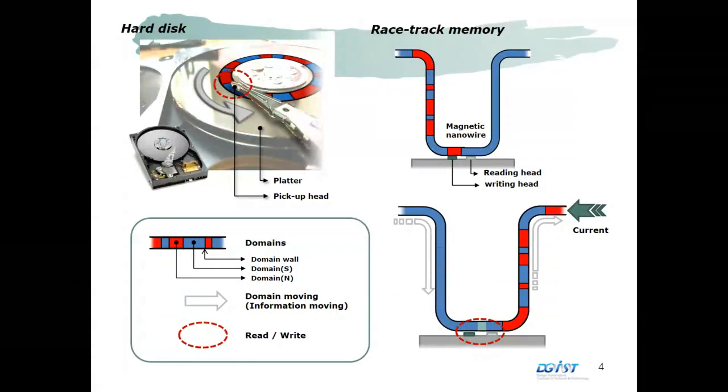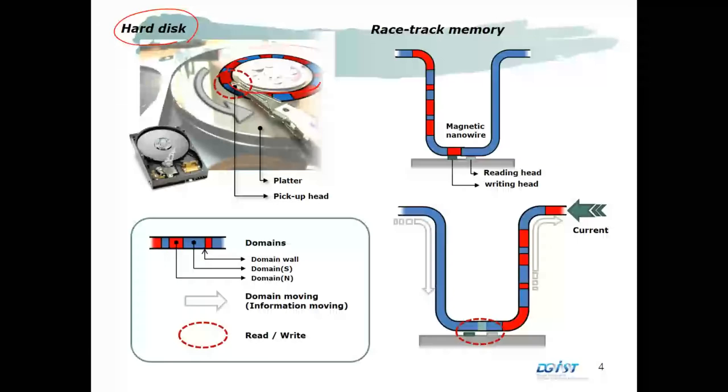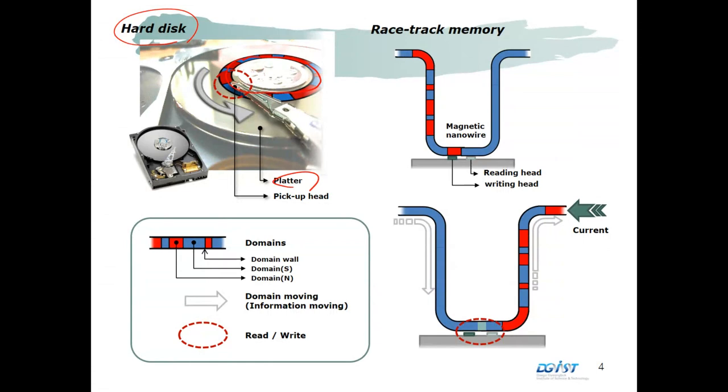So let's go back to the hard disk drive. We already learned about the hard disk drive, and as you know, the information is stored on the surface of this platter. And we have a pickup head. By rotating this hard disk drive, we can read the stored information on the surface of the platter. Here is the point. We have a read head, and the information is moving. Compared to the DRAM, we have such an array, and information is stored in each junction.